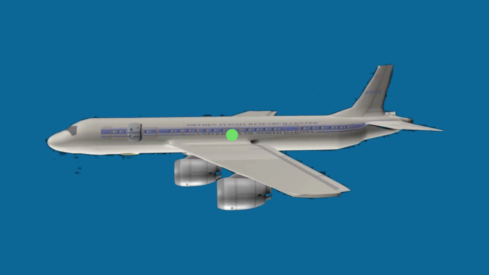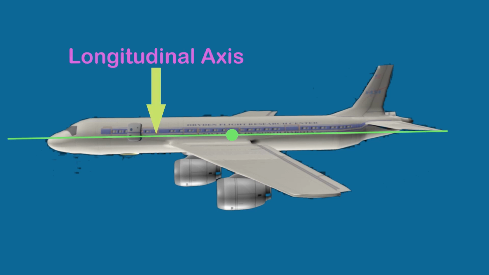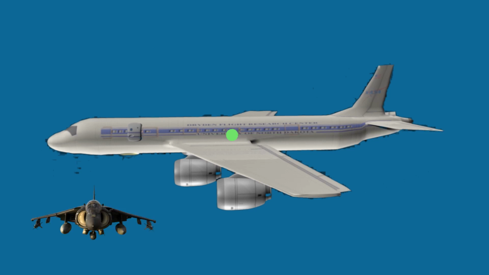Let us draw a straight line from the nose to the tail through the CG of the aircraft, the virtual line known as longitudinal axis of the aircraft. Aircraft movement about its longitudinal axis is known as roll. Similarly, we can draw a vertical line through the CG of the aircraft, and this line is known as vertical axis.